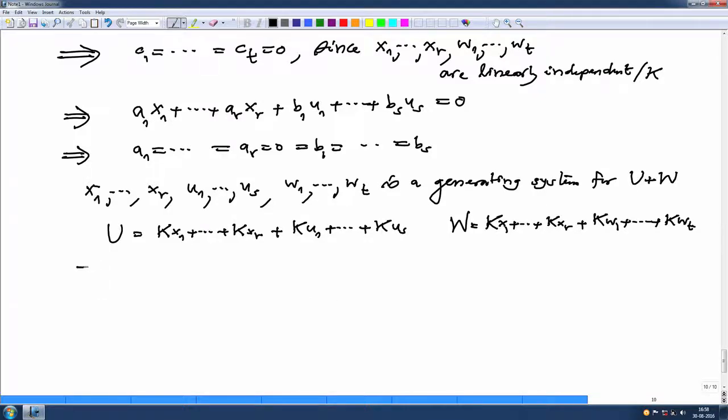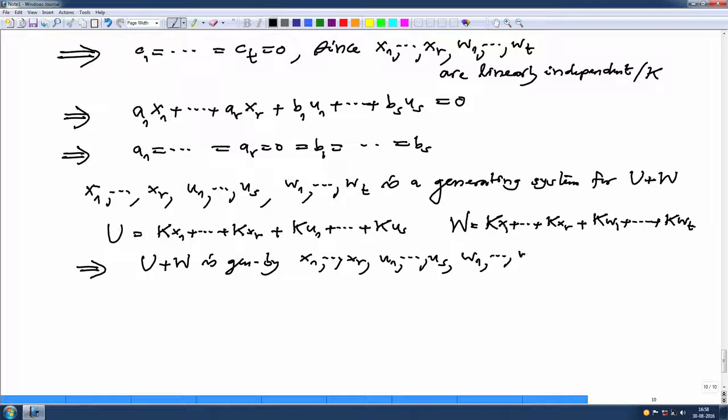So, that checks that u plus w is generated by x1 to xr, u1 to us and w1 to wt. So, we have proved that u plus w is generated by these guys, they are linearly independent, so it is a basis.